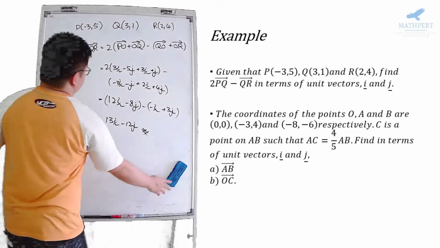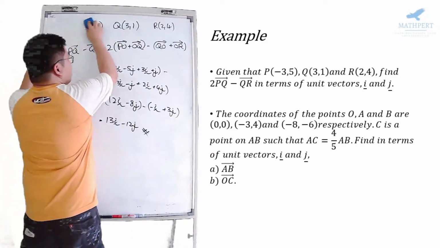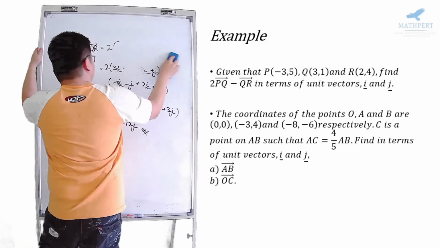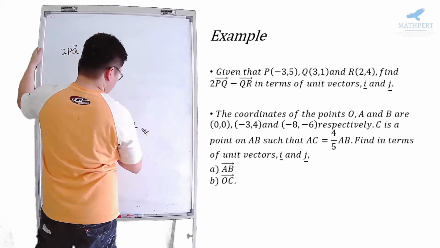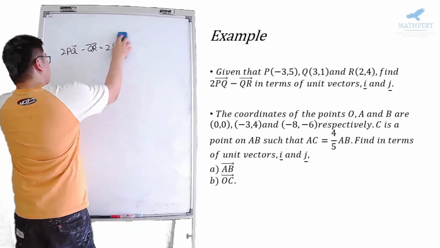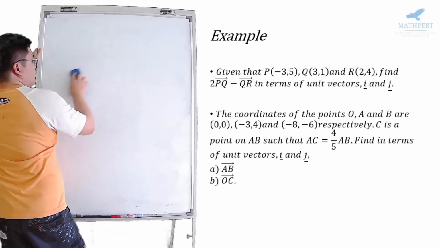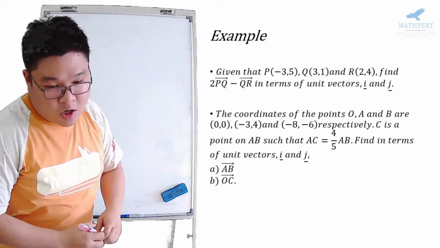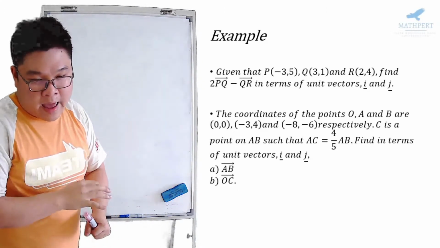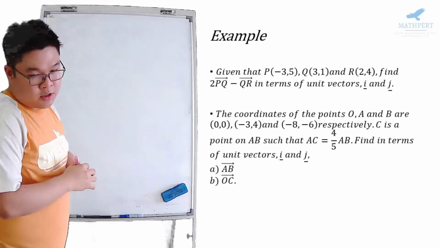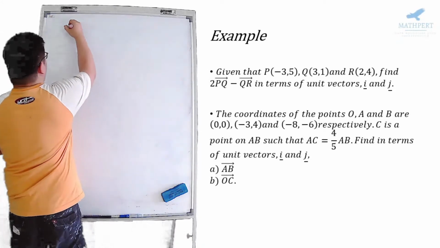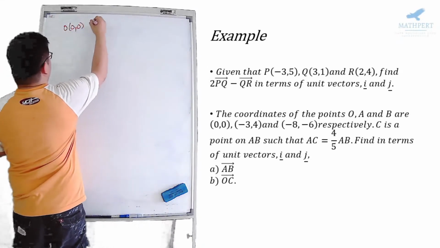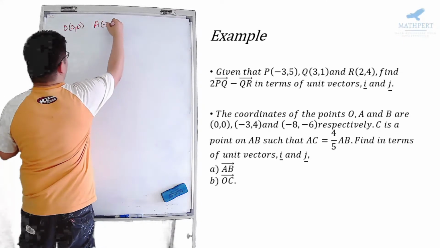Next one. The coordinates of points O, A and B are 0, 0, negative 3, 4. O is 0, 0. A is negative 3, 4.